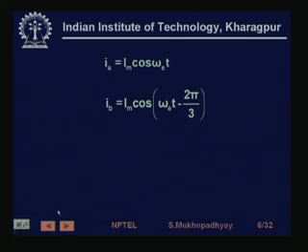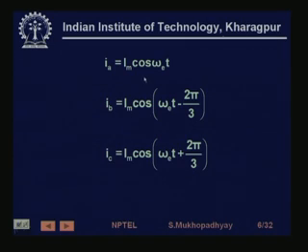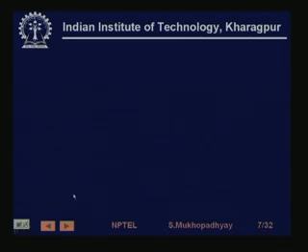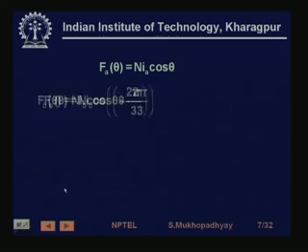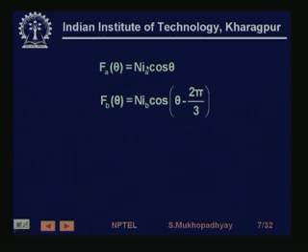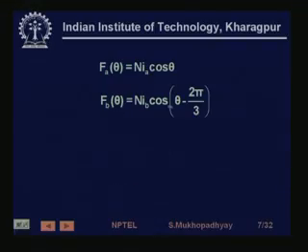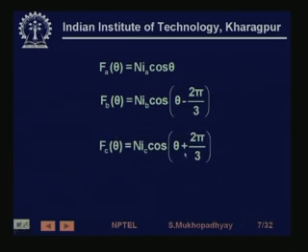So if you have these 3 currents, IA, IB and IC, which are distributed in time phase by 2 pi by 3. And if a constant current IA flows, the MMF due to the current in the A coil, as a function of theta, is given by this, while for FB it is displaced in space by minus 2 pi by 3, and in FC it is displaced by plus 2 pi by 3, right.